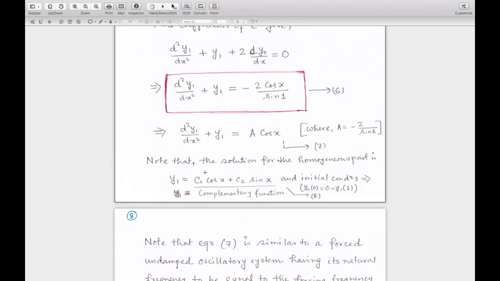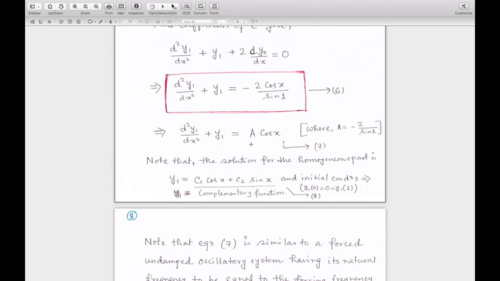Now note that this is a non-homogeneous equation because the right hand side is non-zero. So we know that for this type of equation, the total solution can be obtained by adding the solution for the homogeneous equation plus the particular solution satisfying the non-homogeneous equation.